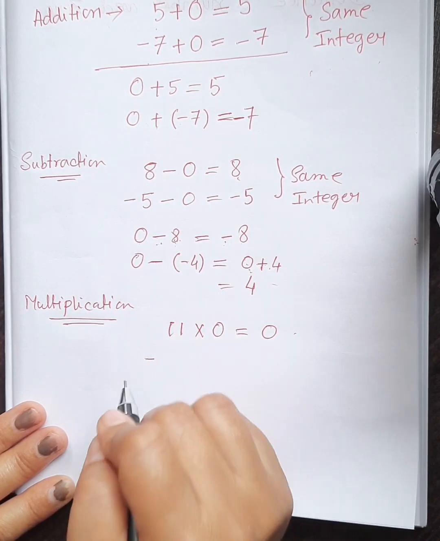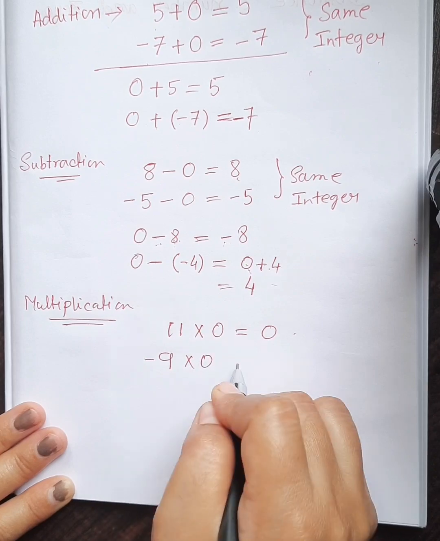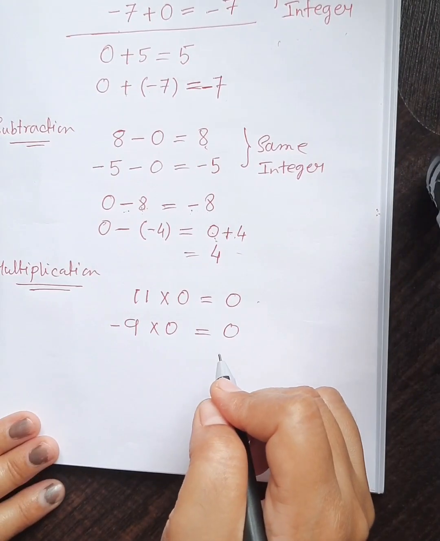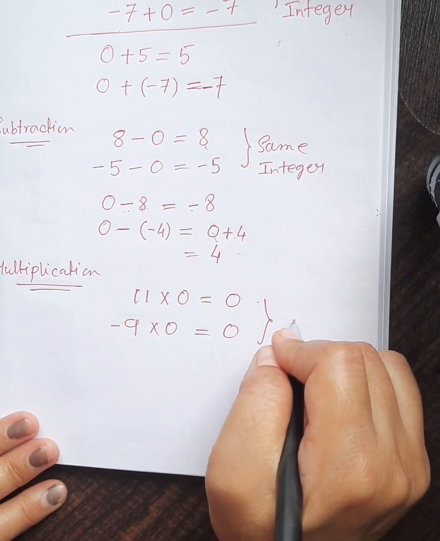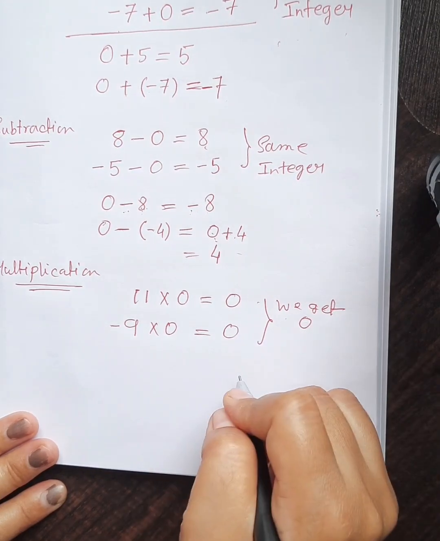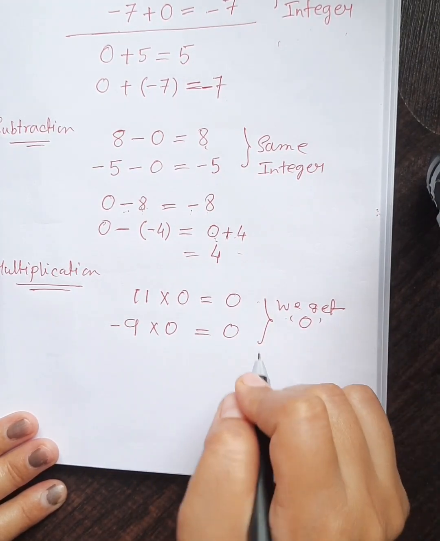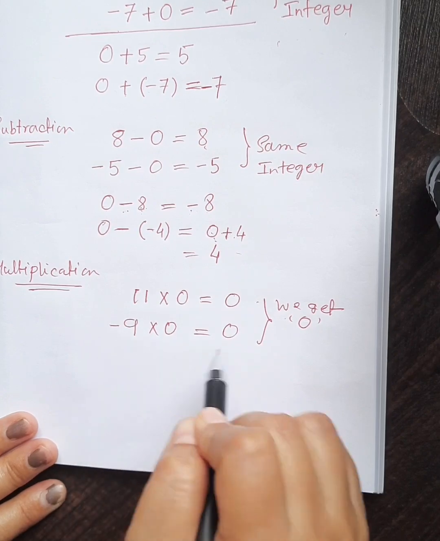If we take a negative integer, suppose minus 9 into 0 equals to 0. Okay, so this is the rule, we get 0. Clear? When 0 is multiplied with any integer, positive or negative, we get 0.